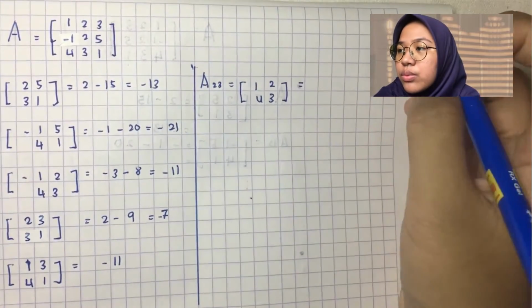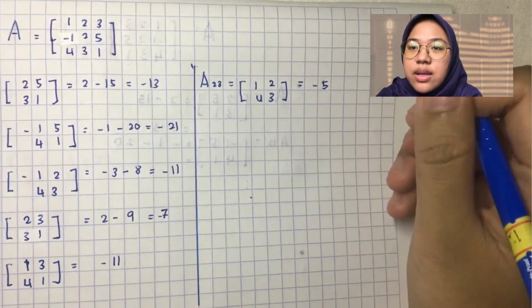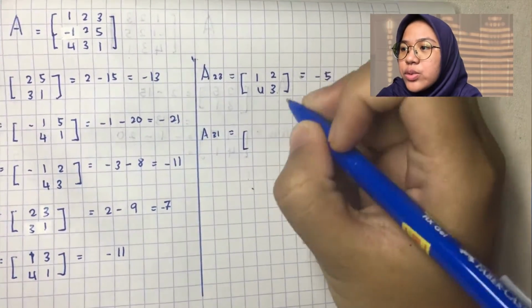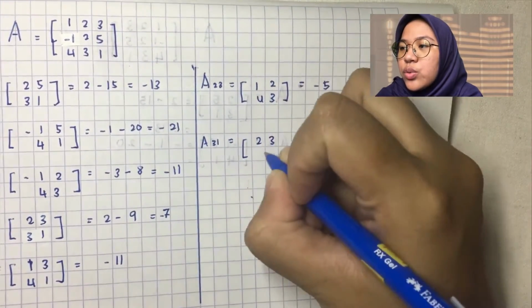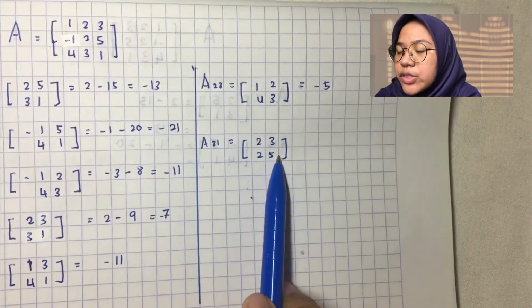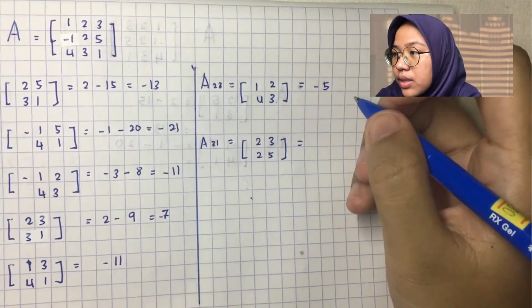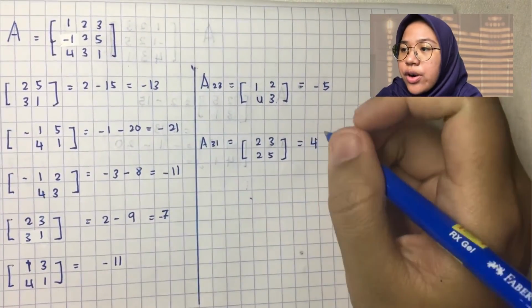A 2, 3 equal to 1, 2, 4, 3, and the answer is 1 multiple 3 minus 4 multiple 2 equal to -5. For next cofactors, matrix A 3, 1 equal to 2, 3, 2, 5, 2 multiple 5 minus 2 multiple 3, and the answer is 4.